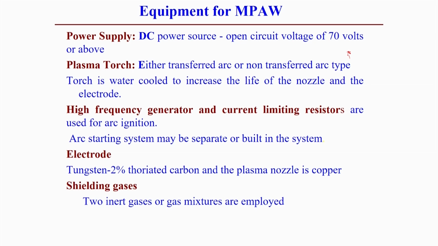An arc starting system is normally found in any microplasma arc welding machine, and a tungsten electrode is used for microplasma welding along with a copper nozzle.